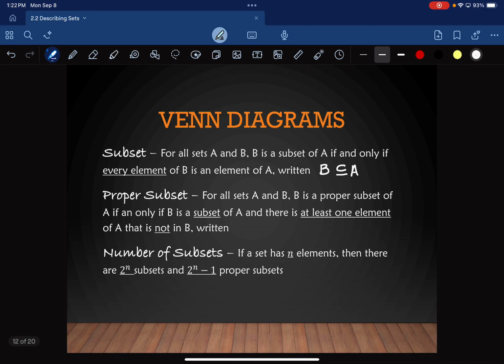Now, that's a subset. A proper subset is the following. For all sets A and B, B is a proper subset of A if and only if B is a subset, that makes sense, right?